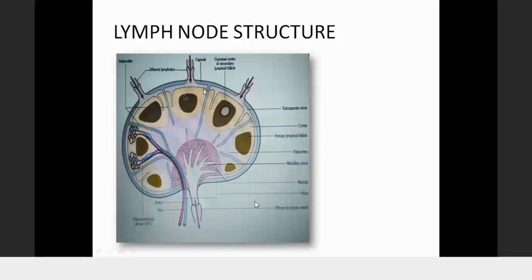Okay. So the capsule sends some septations inside the substance of the lymph node. These are called trabeculae. Okay.